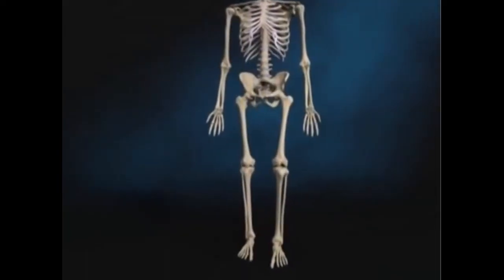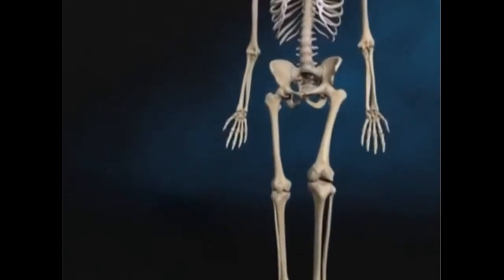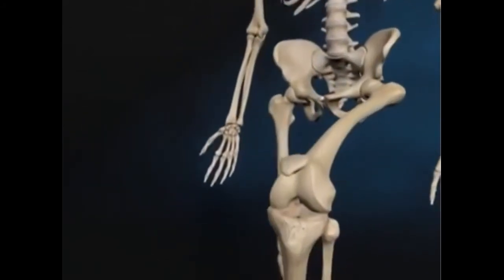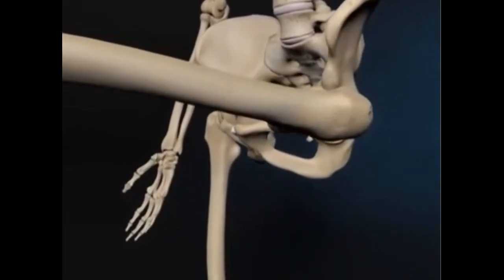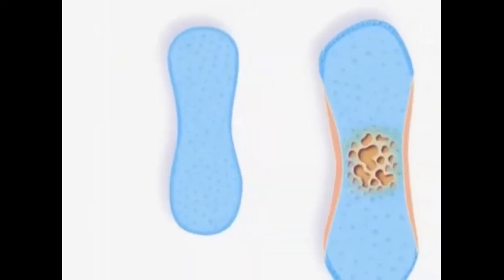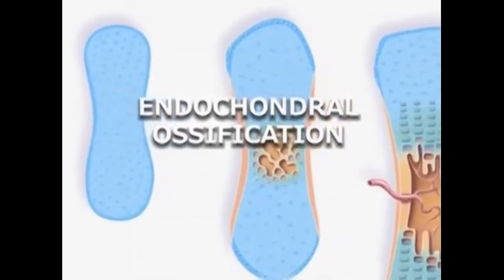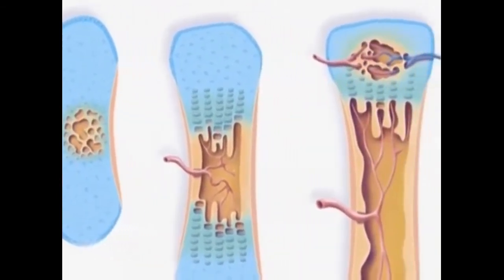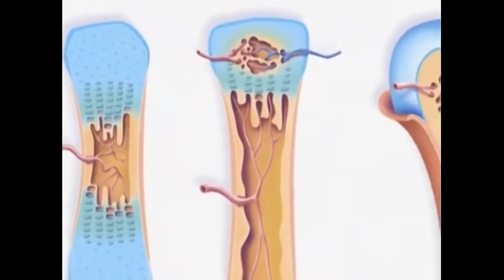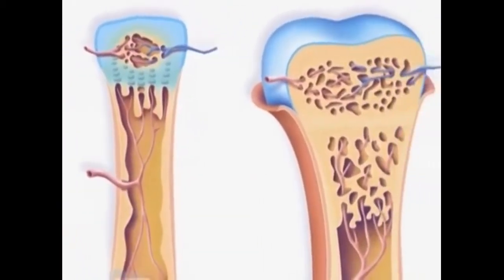While flat bones are formed through intramembranous ossification, most bones in the body, such as the long bones of the legs and arms, are formed in a somewhat different manner known as endochondral ossification. This type of bone development involves cartilage models, which are eventually replaced with bony tissue.